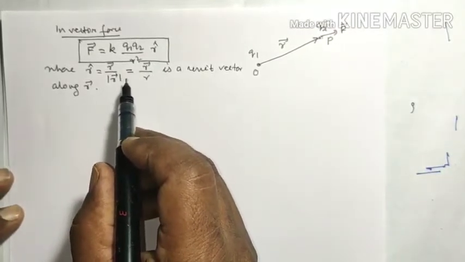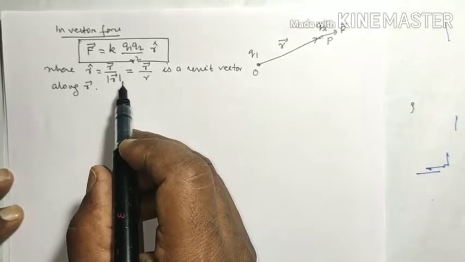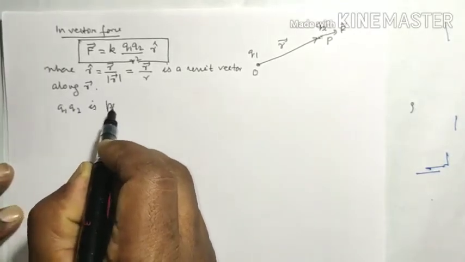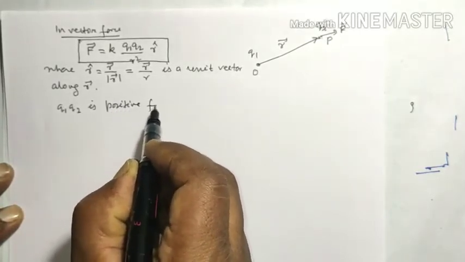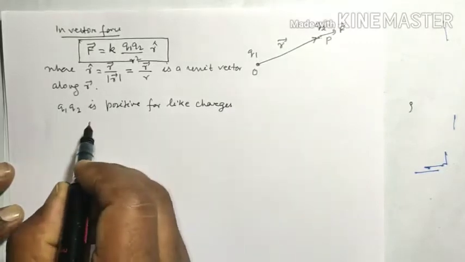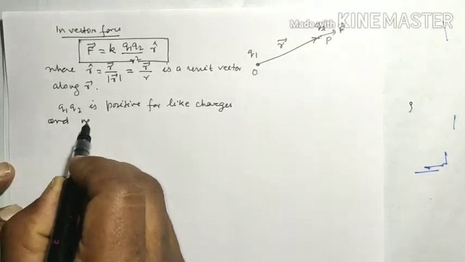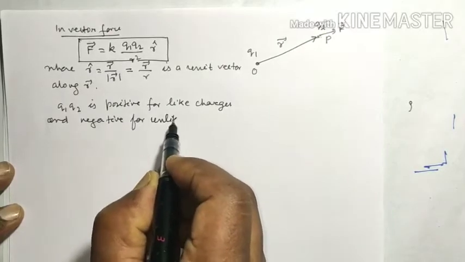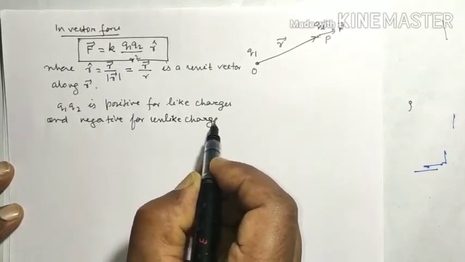Q1 and Q2 may be positive or negative. Q1 into Q2 is positive for like charges and negative for unlike charges.